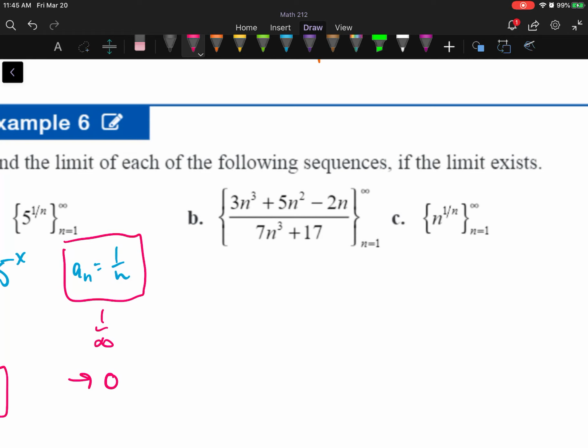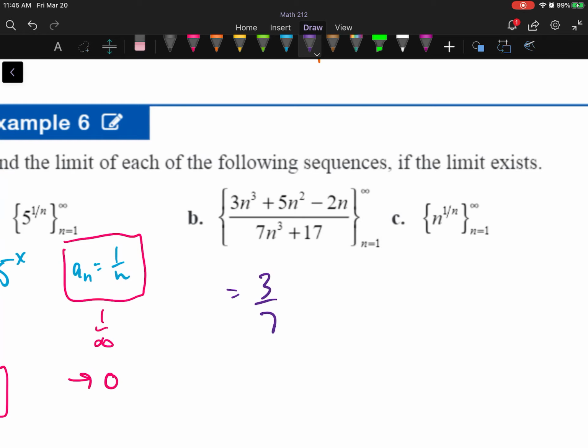Eventually though, like you expect, we're going to see that this limiting value ends up being 3 over 7, just the coefficients on those highest degree terms. And L'Hopital's rule is probably just the easiest way to say that happens.